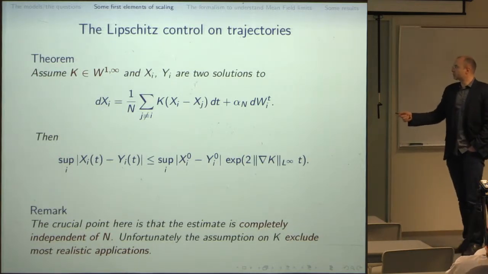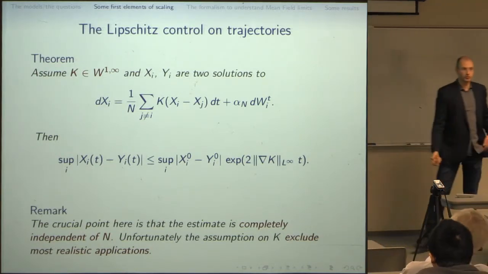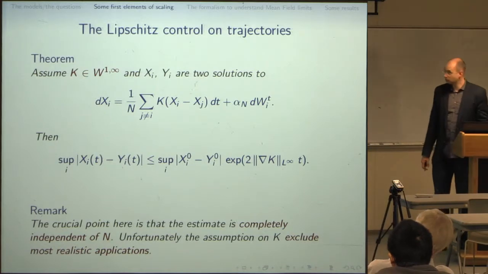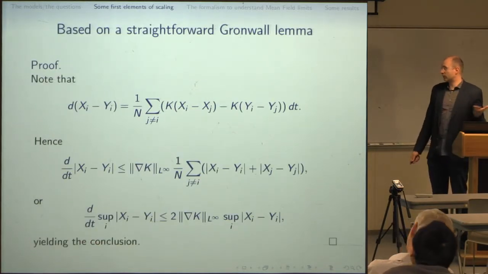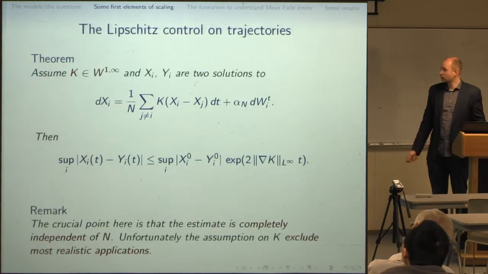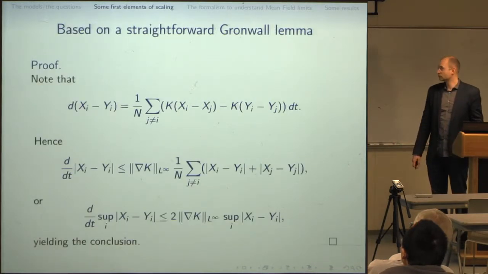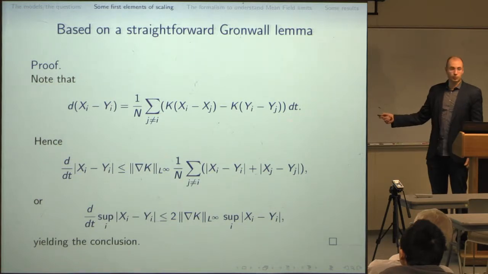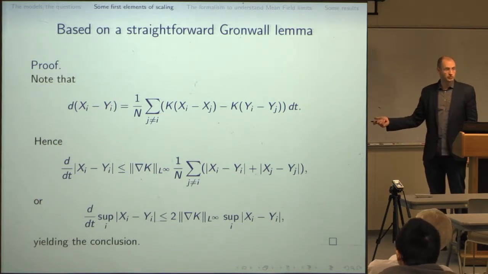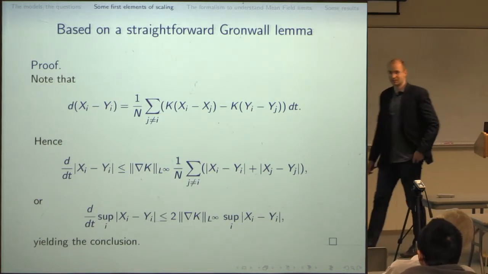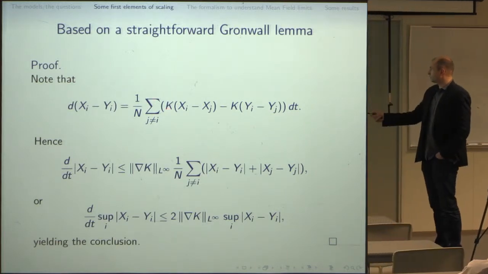Again, the big problem here is this Lipschitz assumption, which is not reasonable. And how do you do that? Well, very simple. You take your 2 solutions and you make the difference. You make the difference, you kill the Brownian. They are gone. Then you just have to compare that.